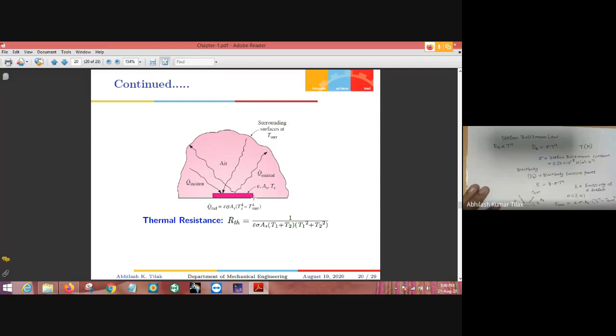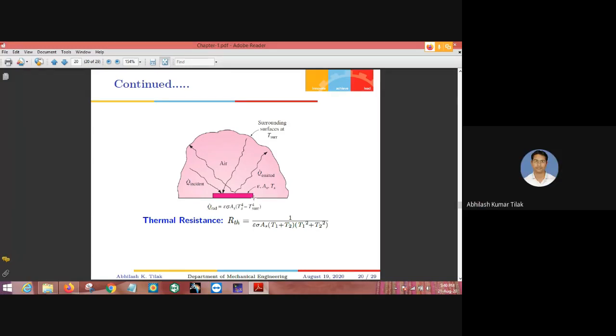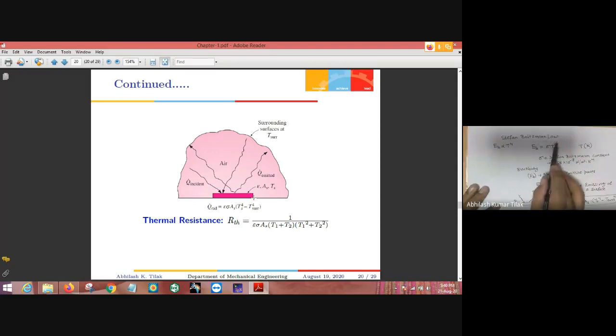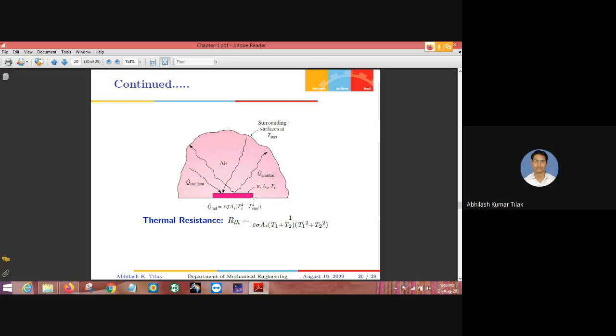So this is known as the basic law of radiation, which is going to govern the radiation. The basic law is said to be the Stefan-Boltzmann law. So for any body which is at temperature Ts, which is exposed to surrounding, I can write the value for the radiation heat transfer in this form.